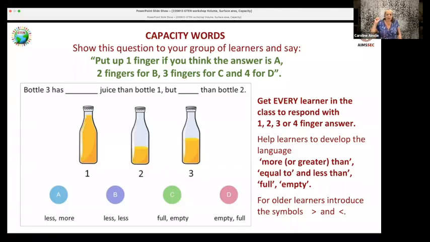You can get used to writing just A, B, C, or D. Which 2 words match the initial question? And this way you're putting your learner hats on, by the way. This is not your teacher hats, this is your learner hats, having experience actually using the diagnostic questions. So I'm going to have a go. Bottle 3 has something than less, okay.